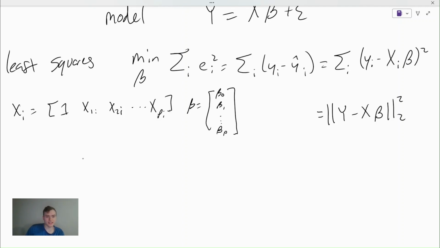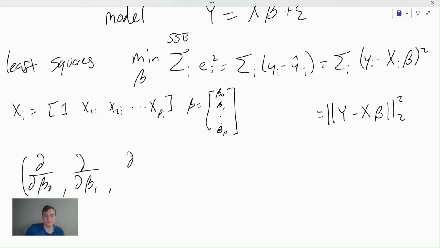And so last time we looked at d beta 0 and d beta 1 of our loss function of the sum of squared error, right? Also called the residual sum of squares. Now we have more variables.